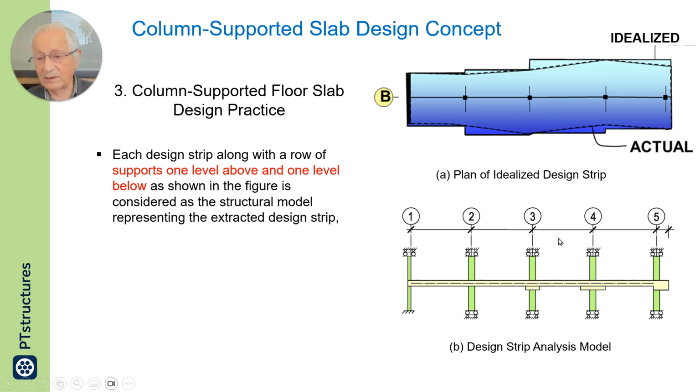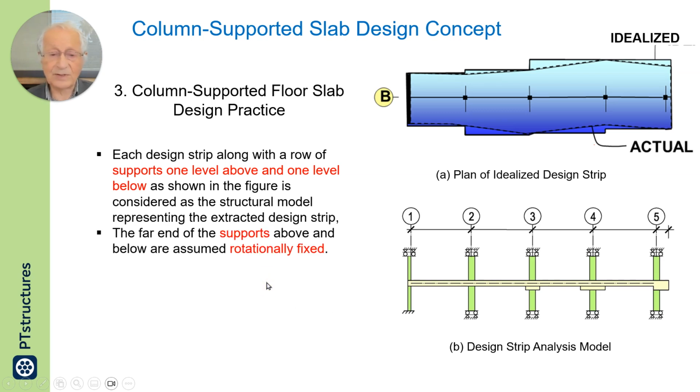This is the model for the design strip of the slab. It has rollers at the top, but no rotation. Rollers at the bottom, no rotation. But it is fixed in position here for stability.